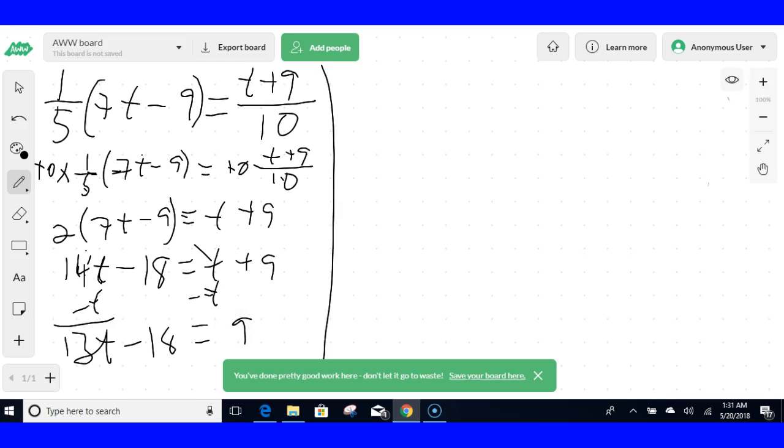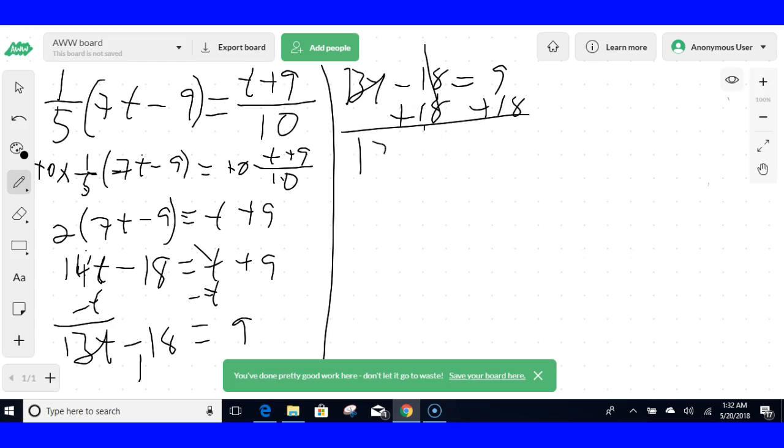So I can add 18 to both sides, and the 18 is gone, and we get negative 18 and positive 18 on both sides.